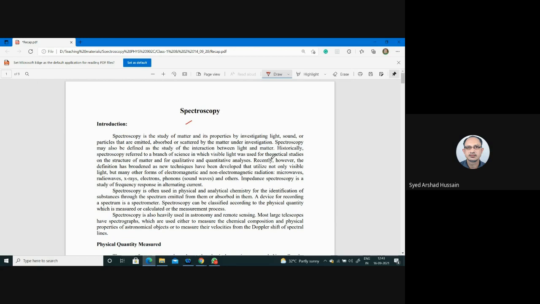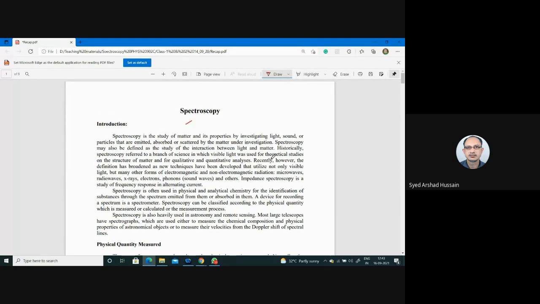Whenever you allow radiation to interact with any molecule, atom or material, at the output you will have this spectrum or spectral lines. But the main point is that the frequency or wavelength of these spectral lines is unique for each and every atom, molecule or material.